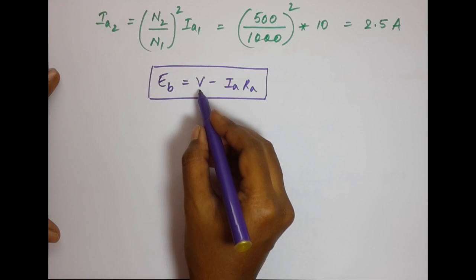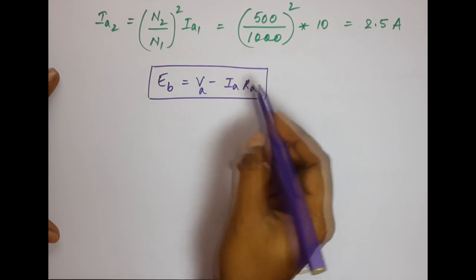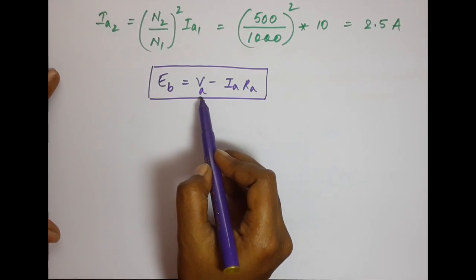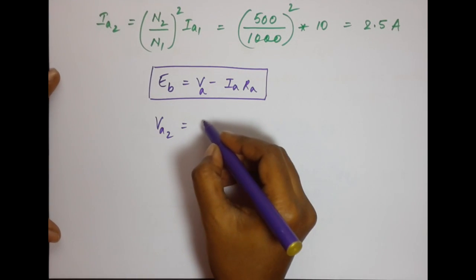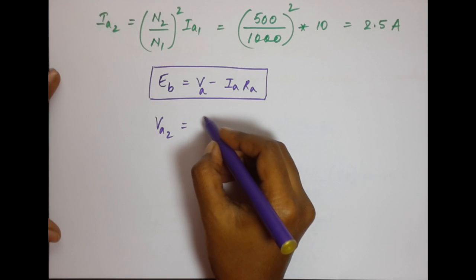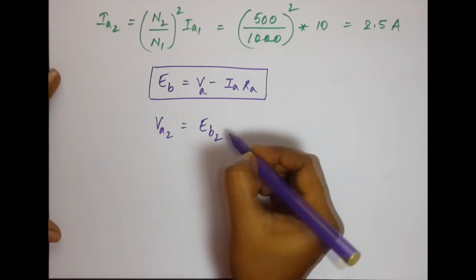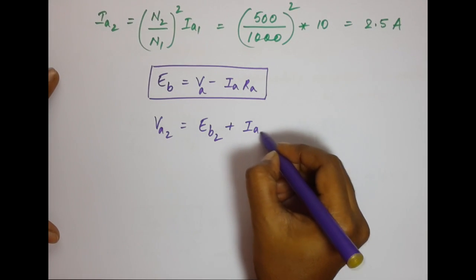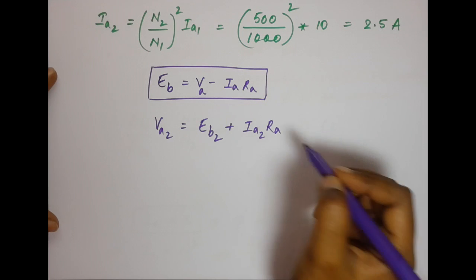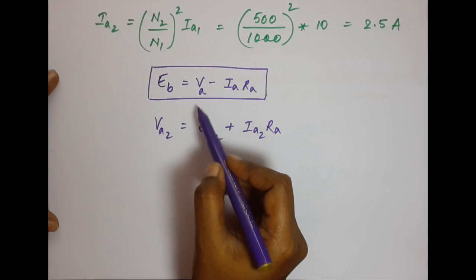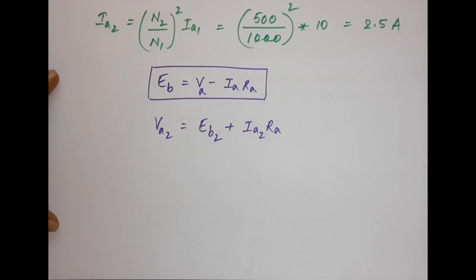Now we need the value of VA2. So VA2 can now be written as EB2 plus IA2 RA. Well, I hope that makes sense. All we have done is isolated VA2.